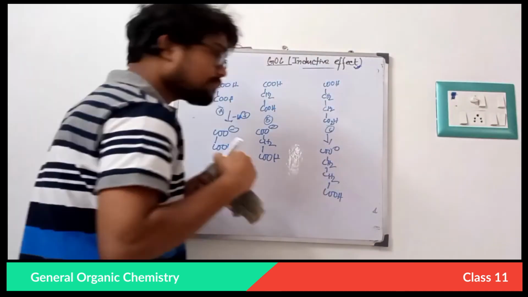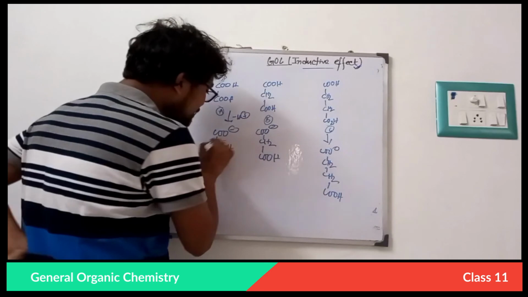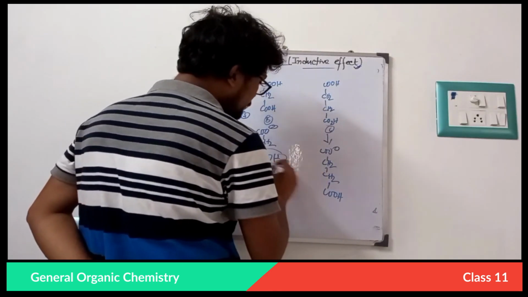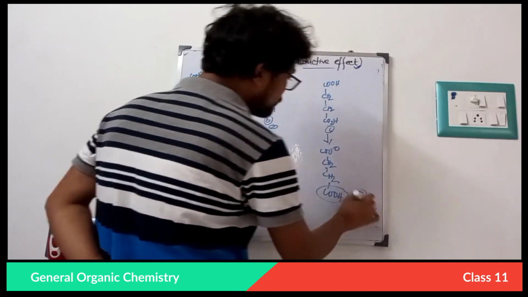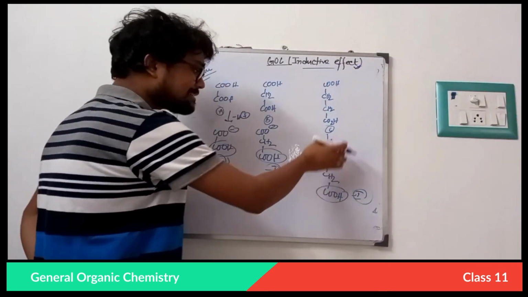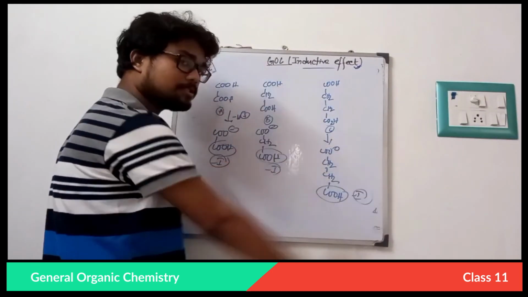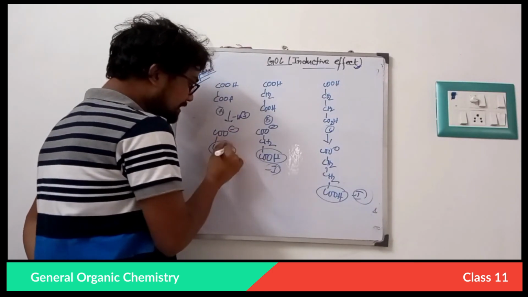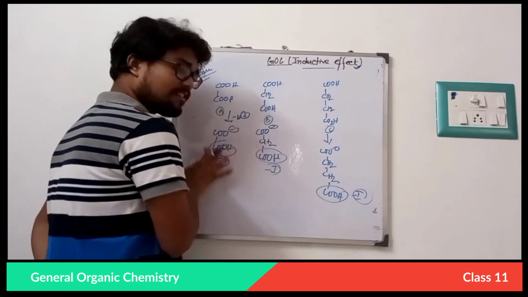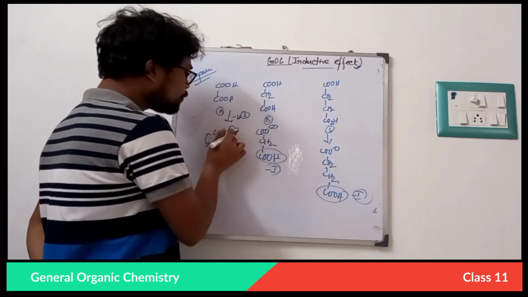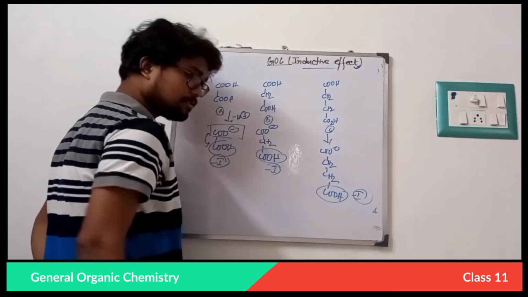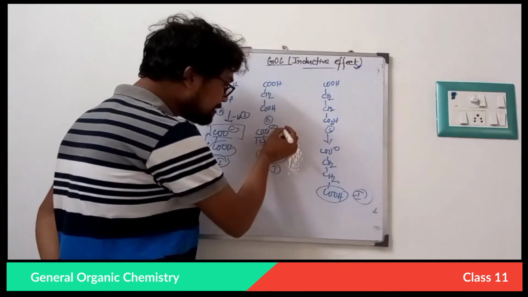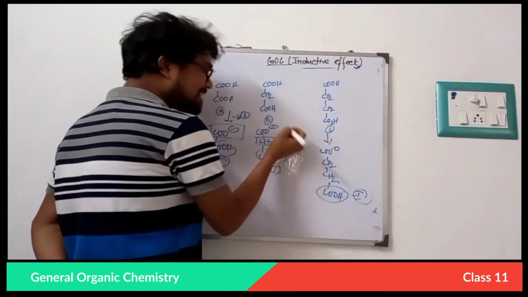So this phenomenon will happen in this case. This COOH has a minus I effect, all COOH have a minus I effect. And I have told you that minus I effect will stabilize the negatively charged species. In this case, the COOH, which is a minus I effect group, is very close to this CO minus or negatively charged species. And in this case, one CH2 group is present between these two groups, that is COOH and CO minus.